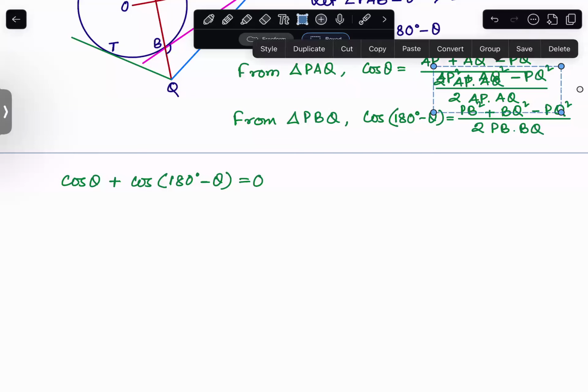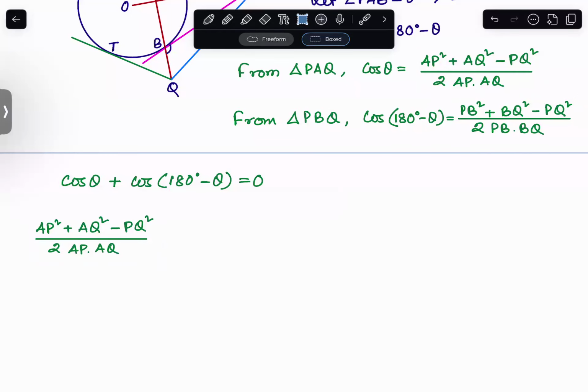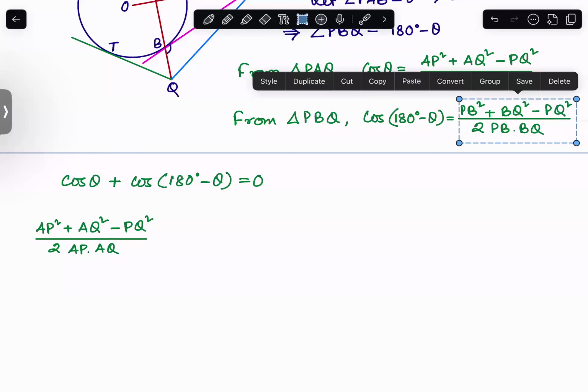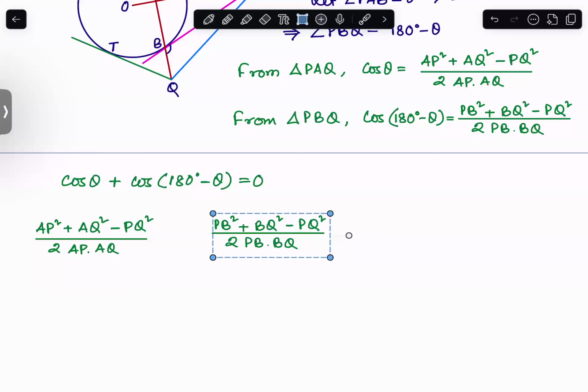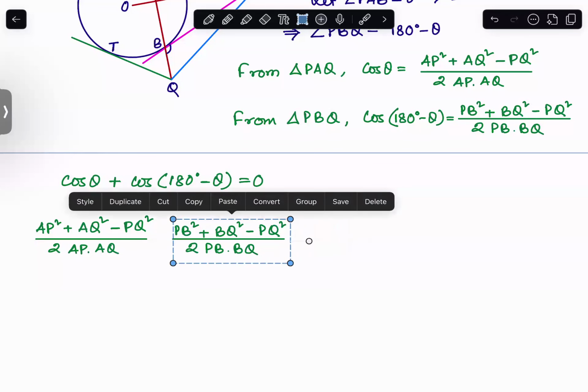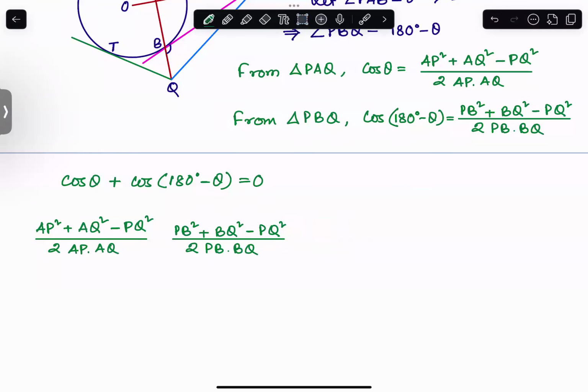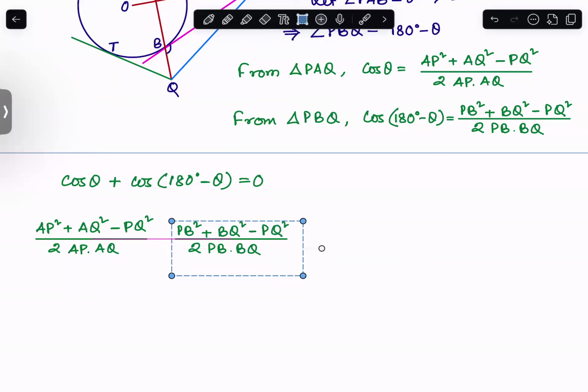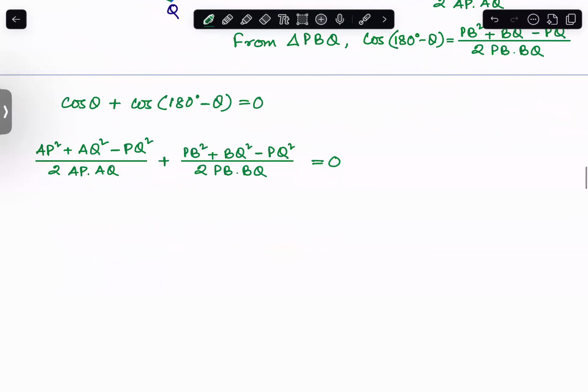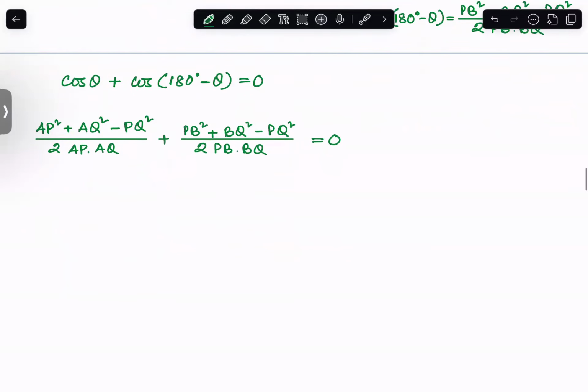So this expression for cos theta is going to be... Any confusion in this step? Is this step clear to everyone? Yes.